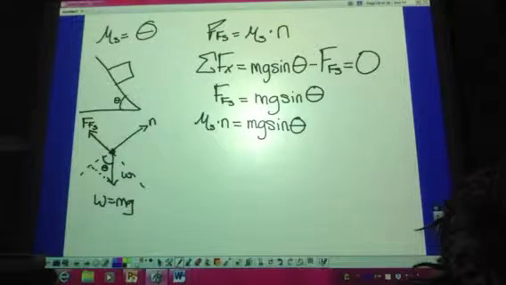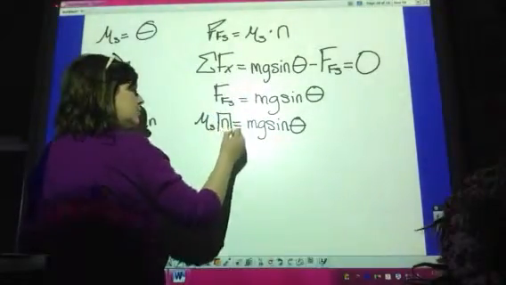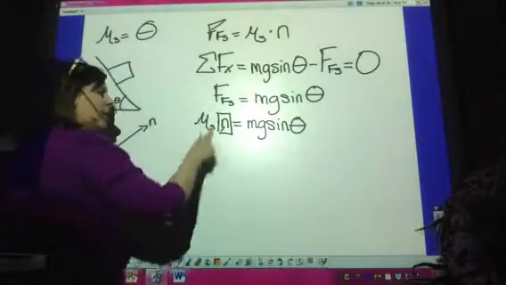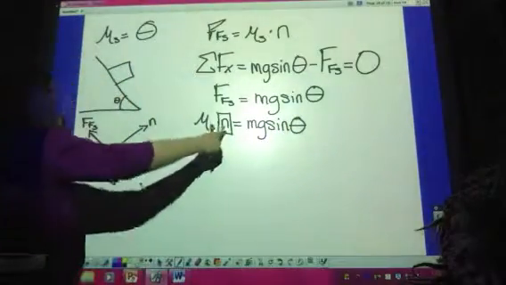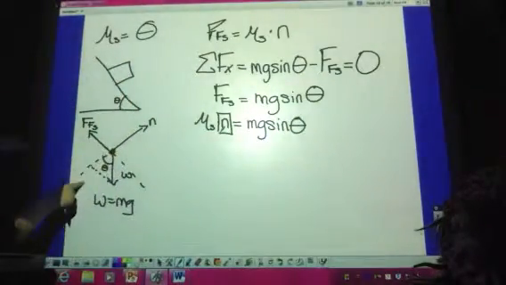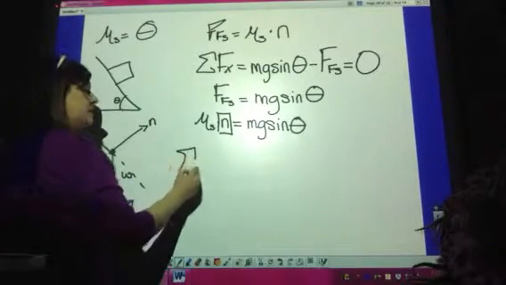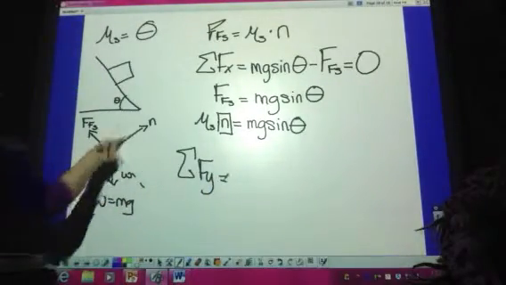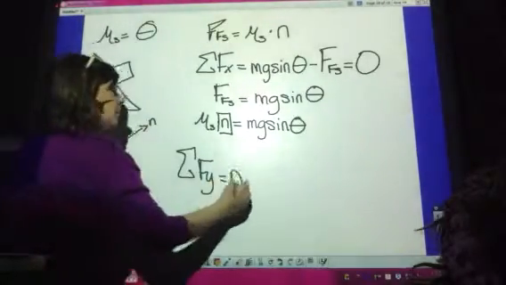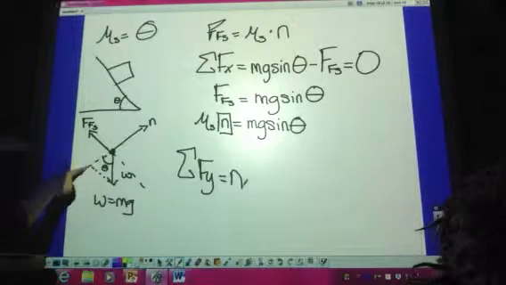Okay, well, I could also do some plugging in or substitution for N to really see that my coefficient of static friction is dependent on this angle here. So the normal, let's write our forces that are acting in the y direction. If I think of the sum of the forces acting in the y direction, I have the normal force, and then that would be minus the component of weight in the y direction.